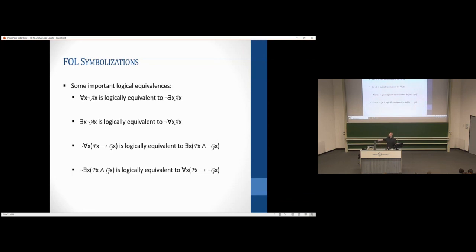So if you have everything's not an A, well then it's got to be the case that nothing is. Right? If everything is not, then nothing is. And vice versa. So there's our first equivalence.